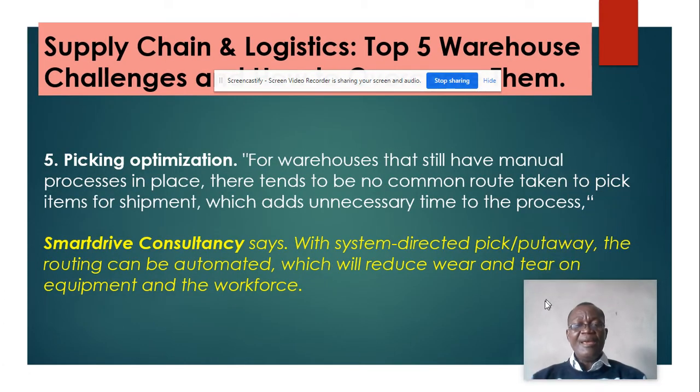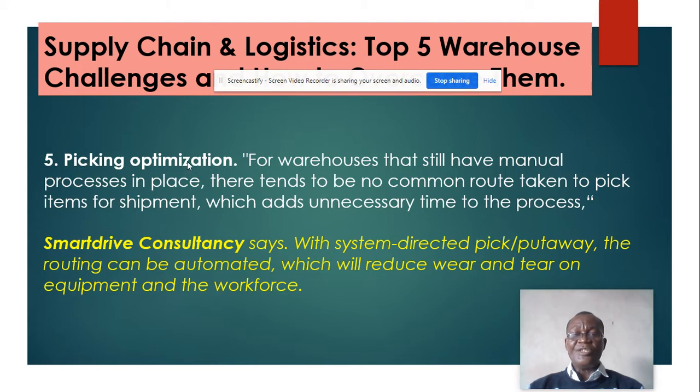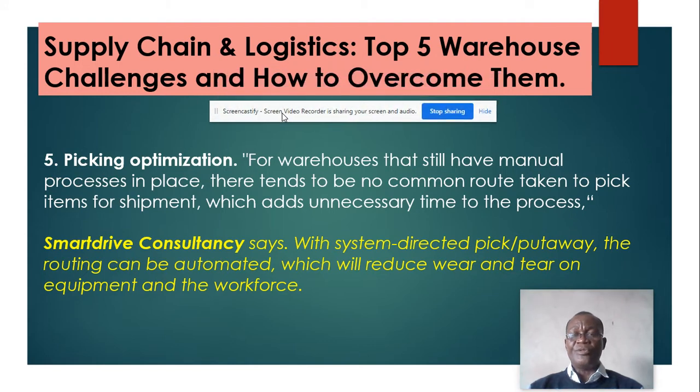Again, picking optimization. When goods are produced, if you produce more and the customers are not taking them, it becomes a problem. So we needed a system that will be able to do end-to-end warehouse management.